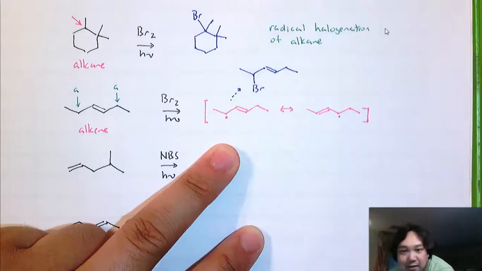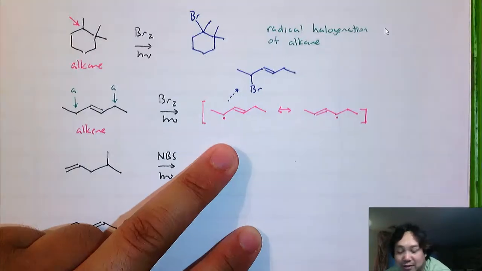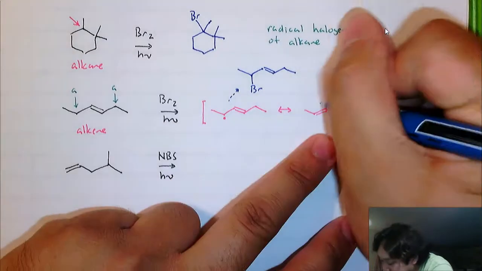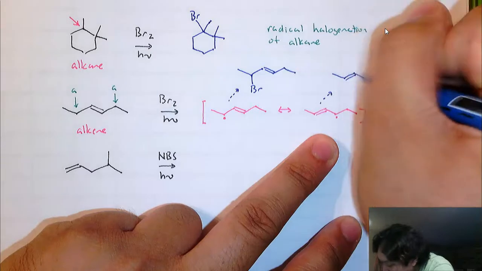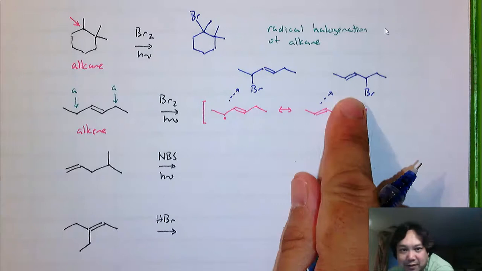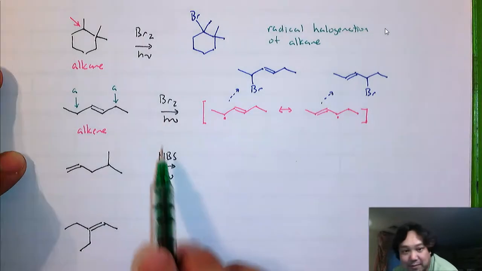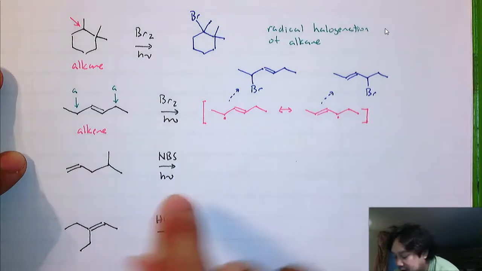See, that's an allylic halide, because we are doing allylic halogenation. So that makes sense. What about the other one? Yep, that's also allylic, right? The bromine's on the allylic position. These two reactions are the same.